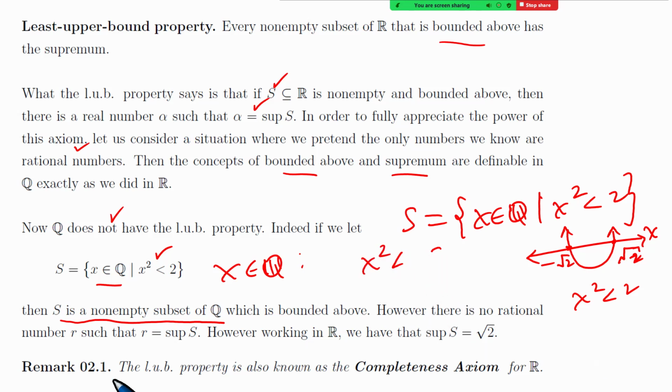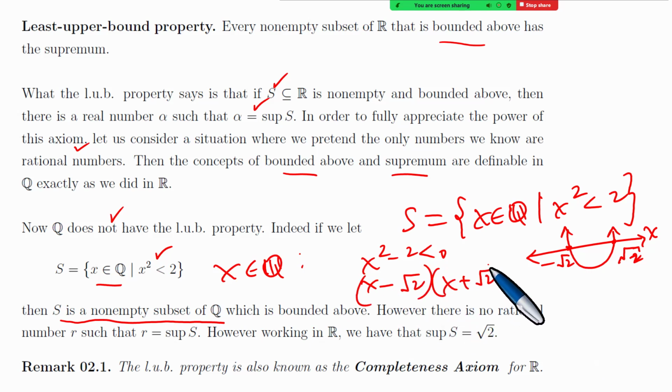Now if x squared is less than 2, you can write it as x squared minus 2 less than 0. It would therefore mean that we're looking at where this inequality is negative.